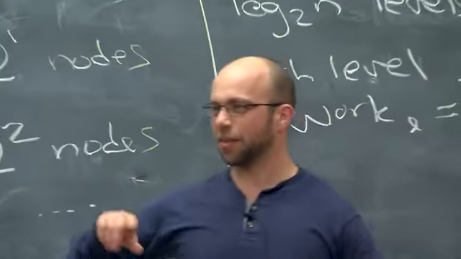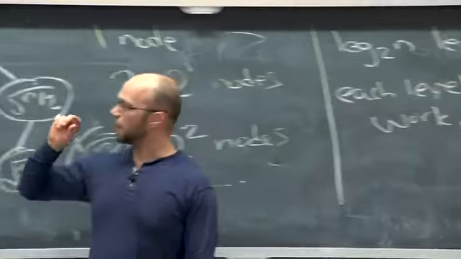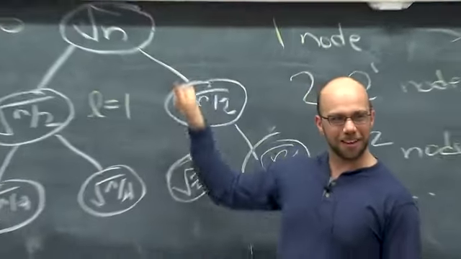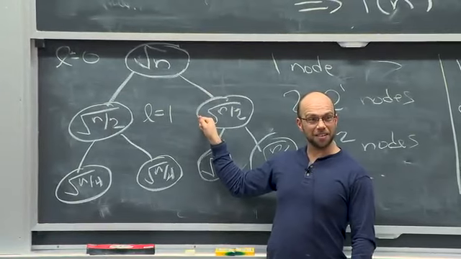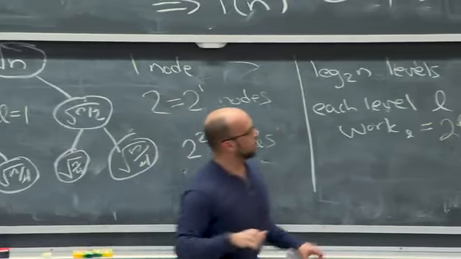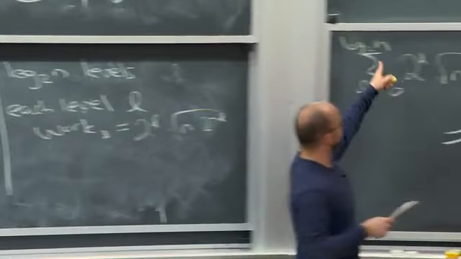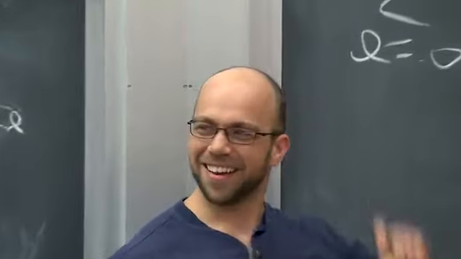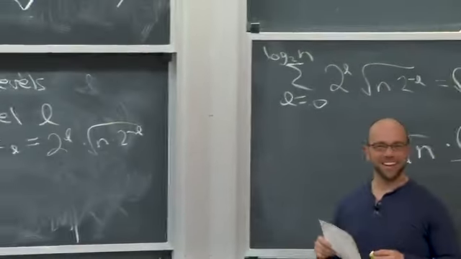Yeah, no, this is correct. So as a sanity check, think about n equals 2. How many levels should there be? It should go from l equals 0 and then l equals 1. And then I'm done. So the log base 2 of 2 is 1. So yeah, this formula checks out. Whew. OK. Any other questions?